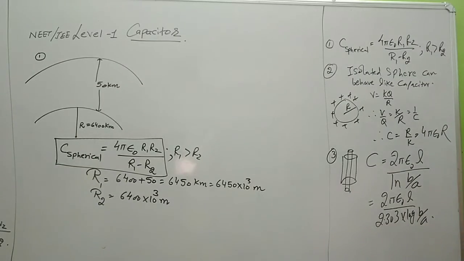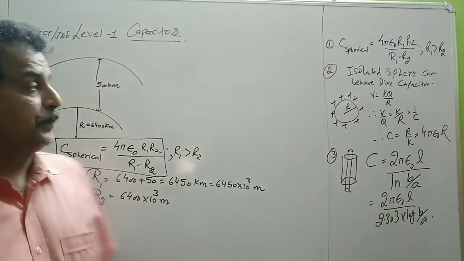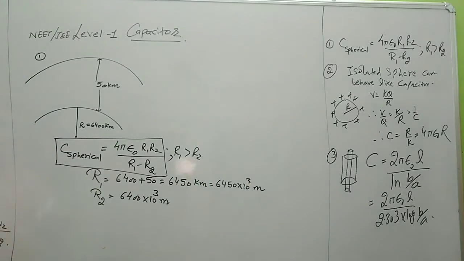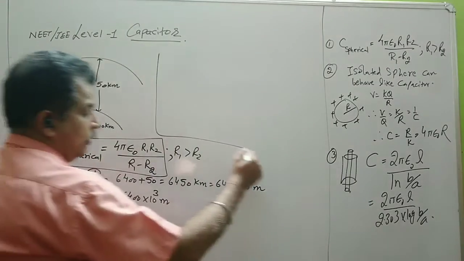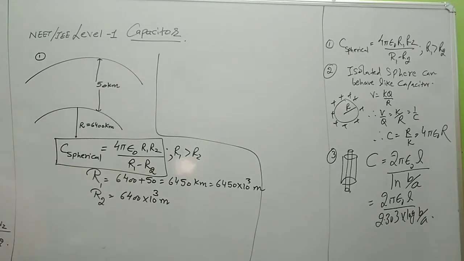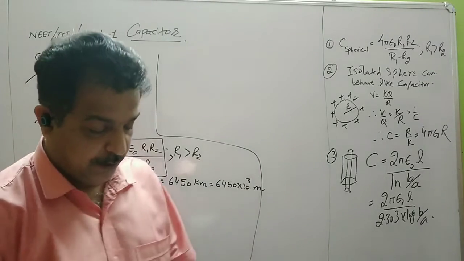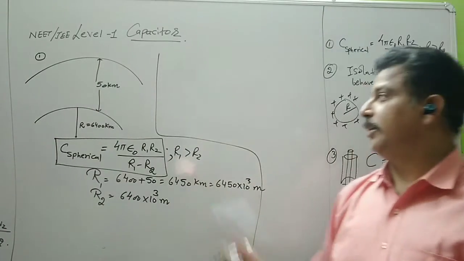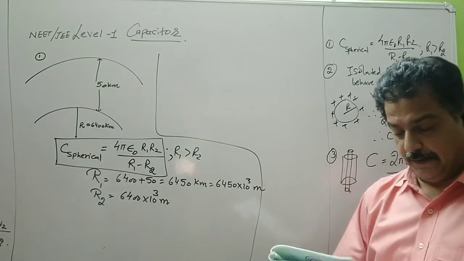So this is the cylindrical capacitor. So this is the first MCQ. You substitute the values and verify the answer for it. Calculation is left as an exercise.